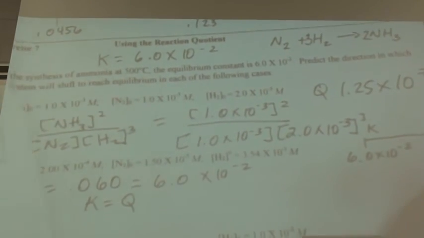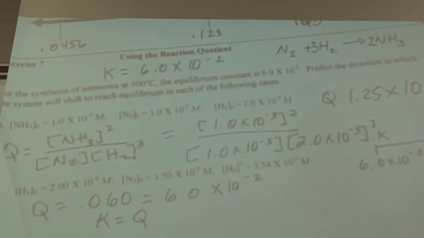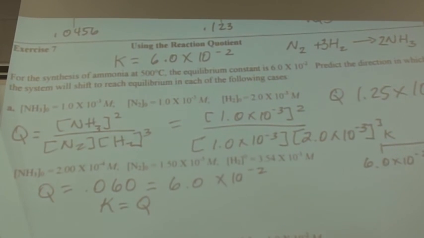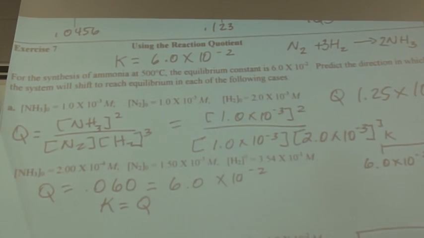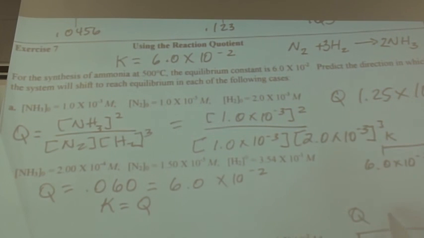Hang on. For this one, I said that Q is equal to 0.002. Here is 0.002. Here is 0.06. It must shift to the right. Good?